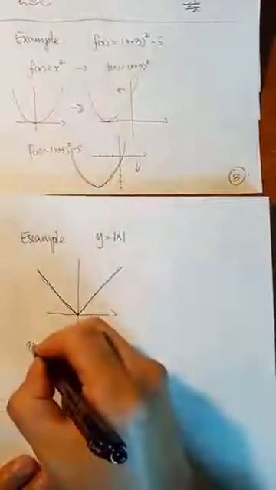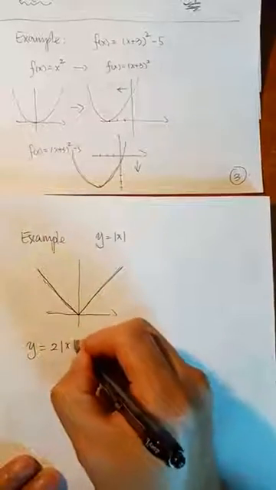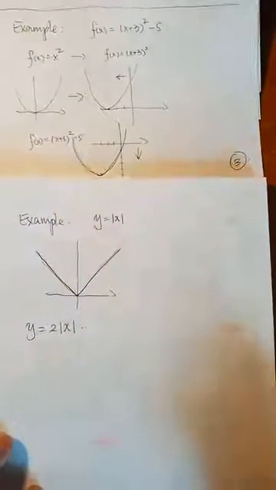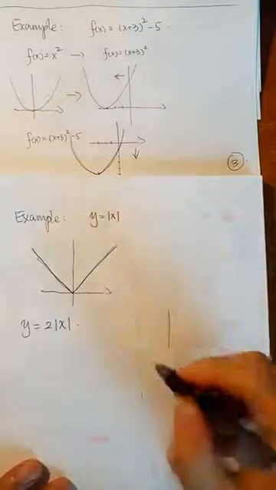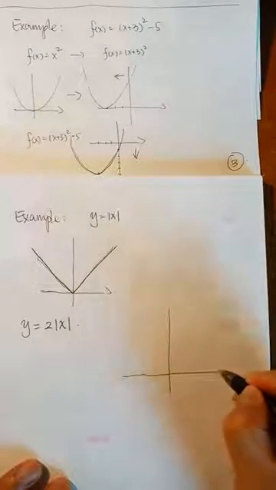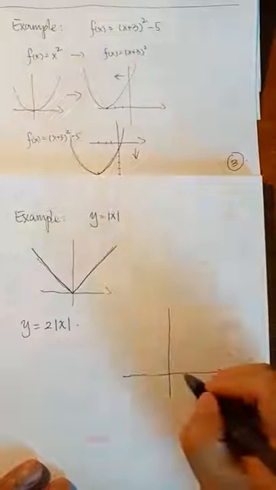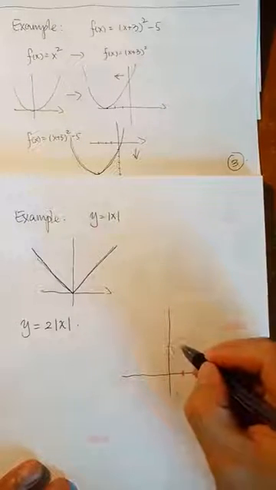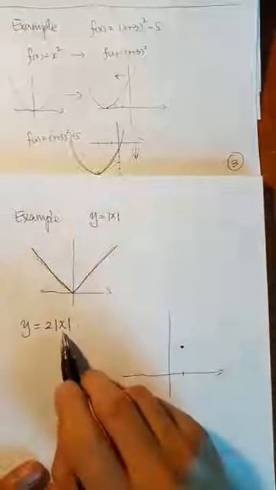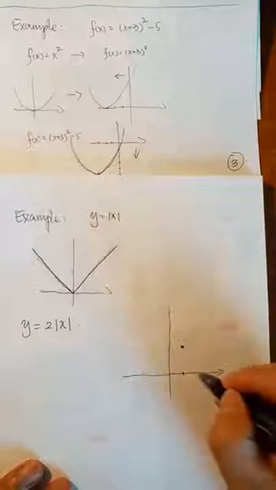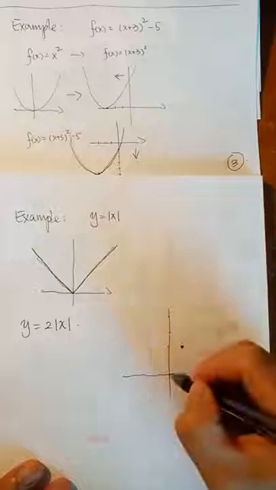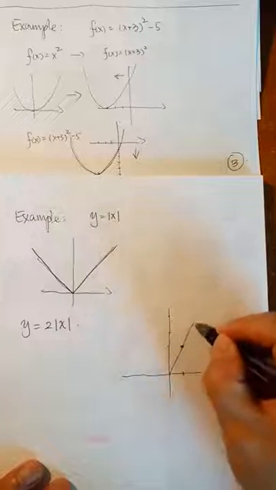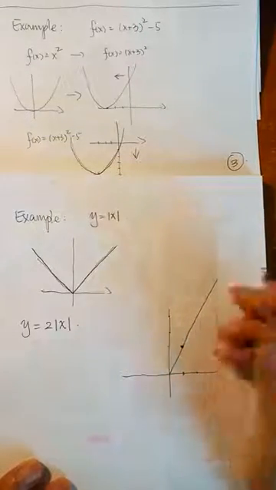And now we have 2 times the absolute value of x. Let's label the important points. When you have 1, the value is equal to 2. Absolute value of 1 is 1, but times 2 is 2. When you have 2, the value becomes 4. Of course, when you have 0, it's still 0.